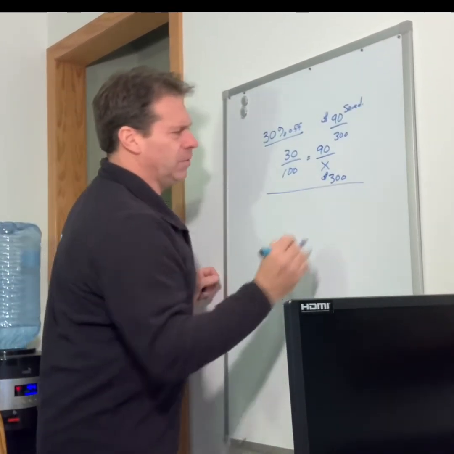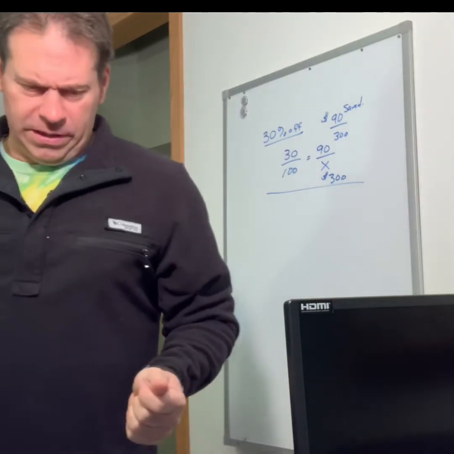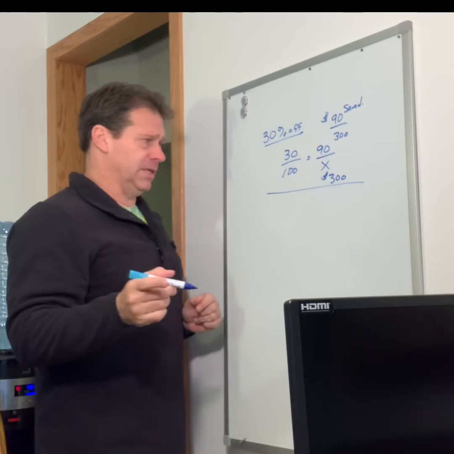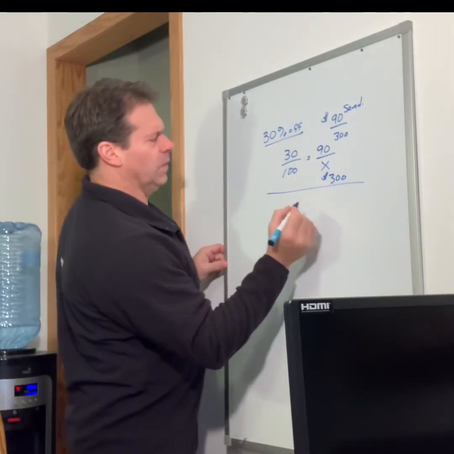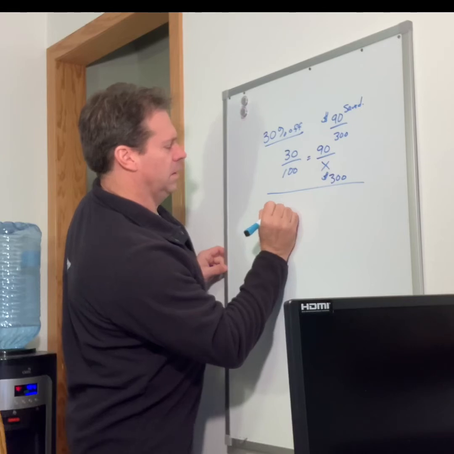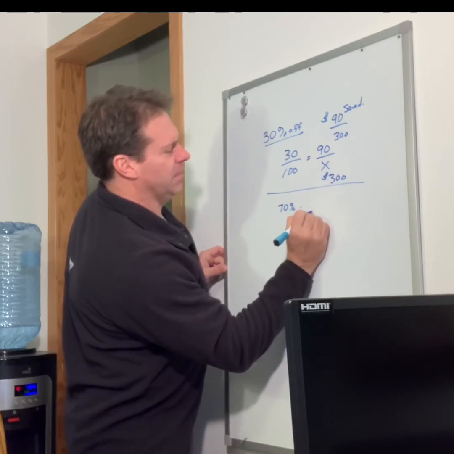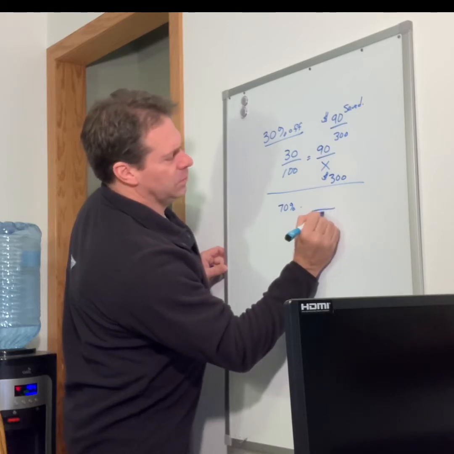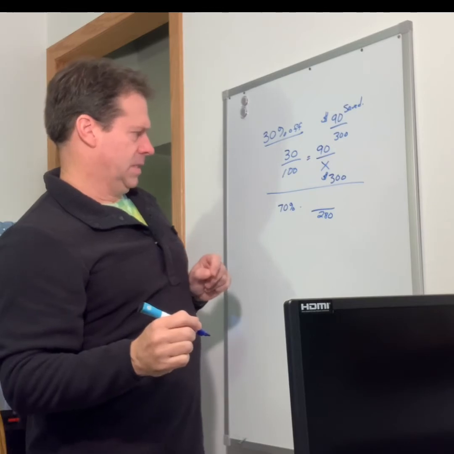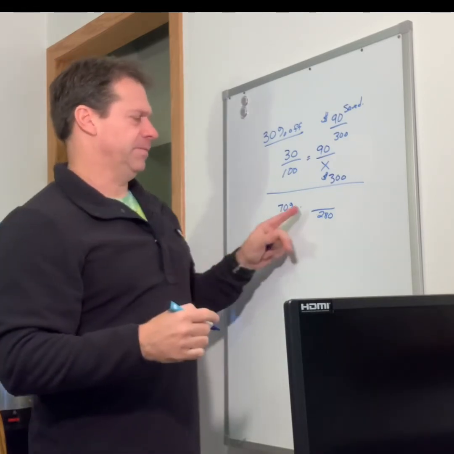They might throw one at you where it's a little bit different, where they're telling you that the price itself is, well, actually what you'd save. So if we had 70% off and my total cost was $280, then I can just figure it out, like what is 75% or 70% of 280?